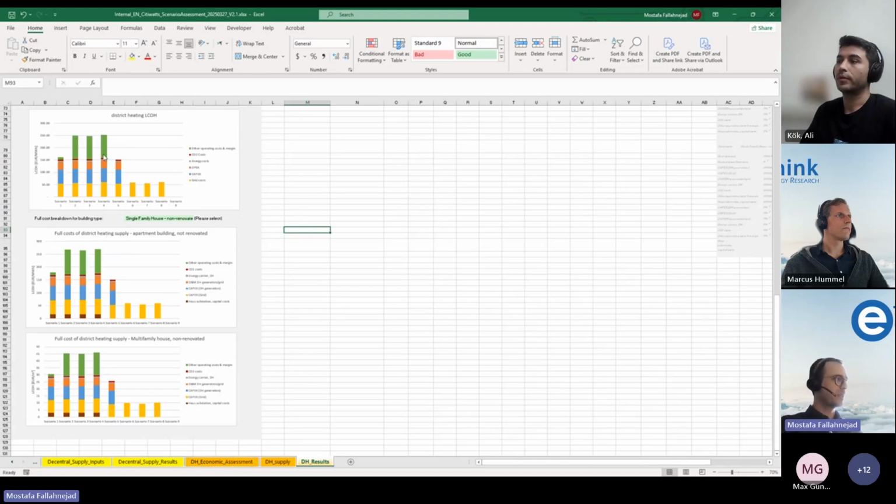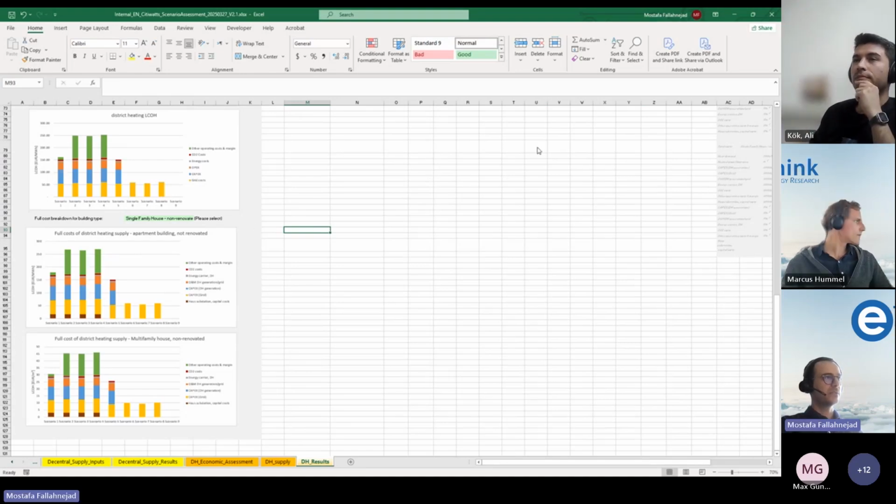So the comparison being done here is mainly relevant for the regions that have been identified as potential district heating areas. Whenever we have costs which are cheaper than decentral heat supply option, then we will go for district heating. If the costs are higher, then maybe we should consider the decentral supply. Yeah, with that, I give it back to you, Markus.